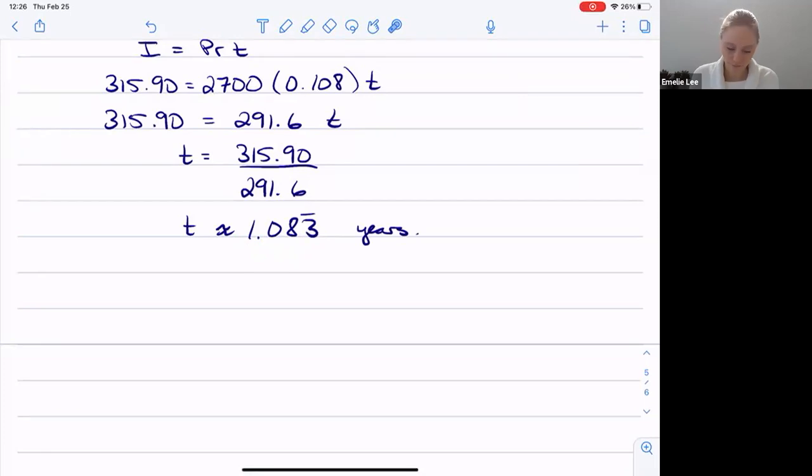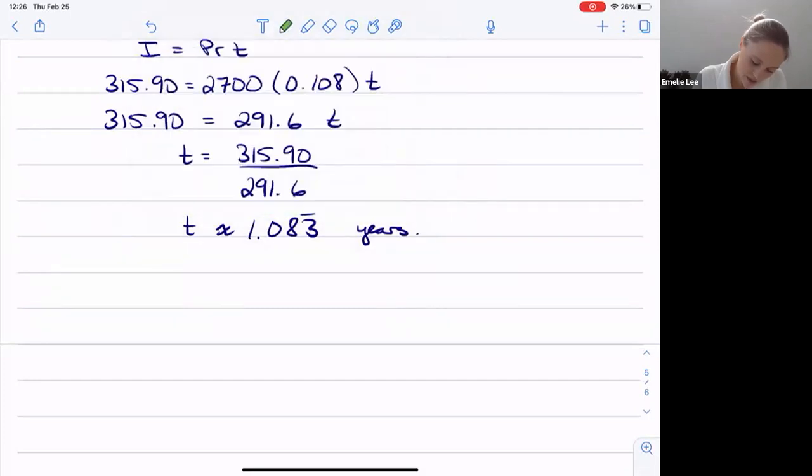So let's just decide that t is going to be just decimal approximations, and most of the time that's going to be fine. If t ended up being something easy like 1.5, then you could say, okay, that's 1 year and 6 months, right? So if it's reasonable, then you can convert it into years and months, but most of the time I just use a decimal approximation.